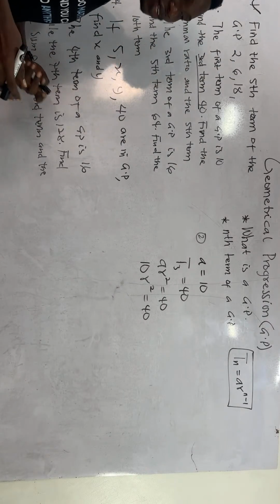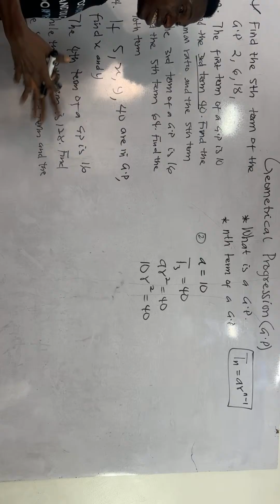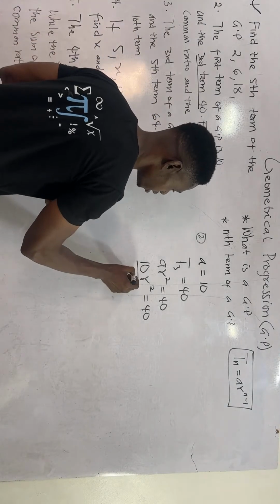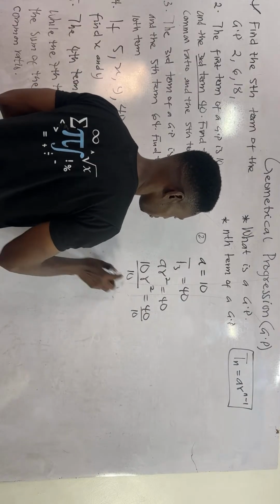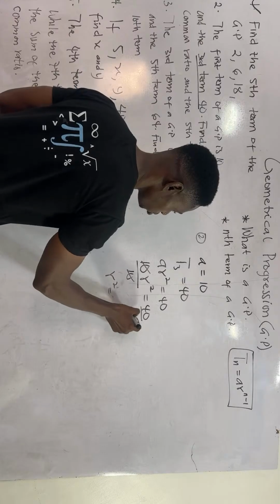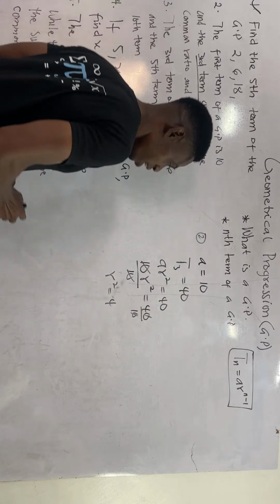Okay, so what do you think we can do from here? We can divide both sides by 10, right? Since we're looking for R. So if we divide both sides by 10, 10 cancels 10, our R squared equals 4, right?